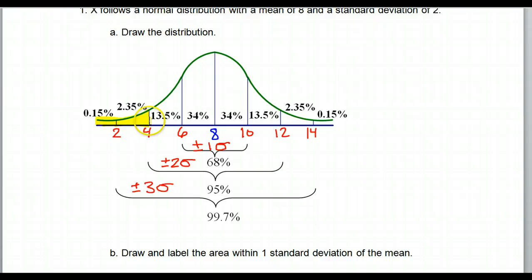Now if I throw in an extra 13.5%, to include all the way up to here, guess what that makes? Altogether that makes 16%. So this zone right here, from here to here, is the lowest 16%.